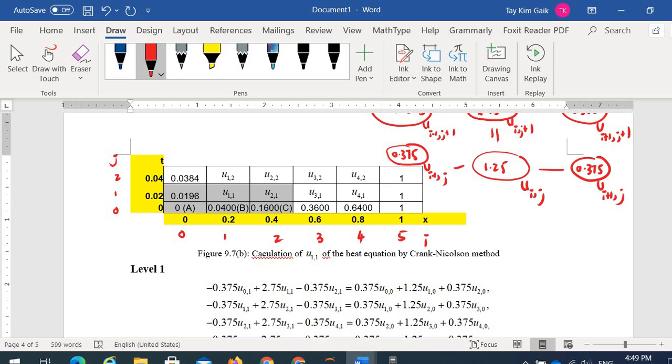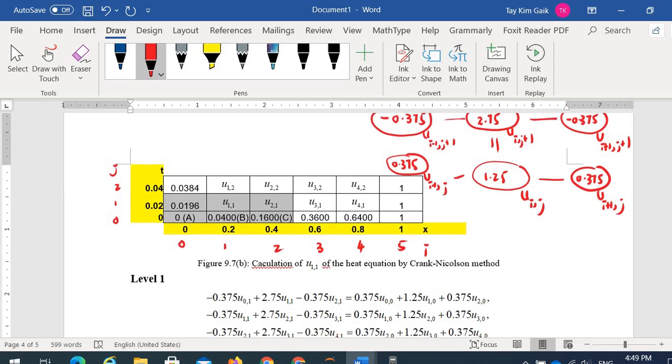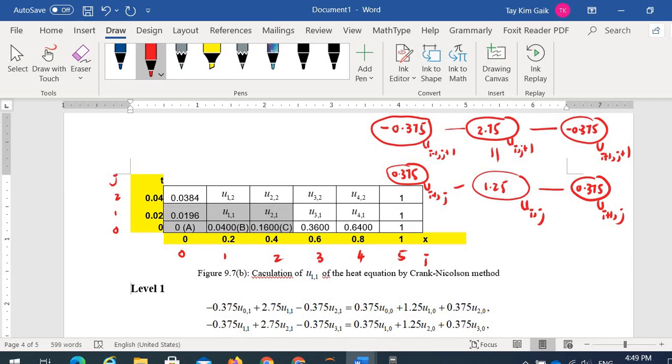The first time we apply here, you get the first equation: negative 0.375 times this cell, which is U01, plus 2.75 multiplied by U11, minus 0.375 times U21, equal to the right hand side.